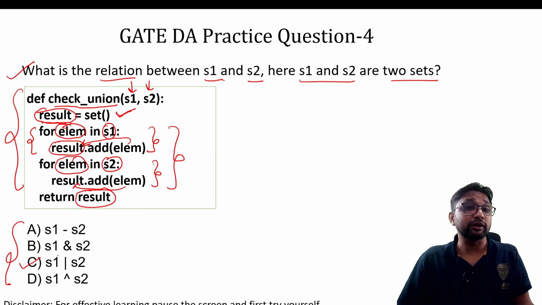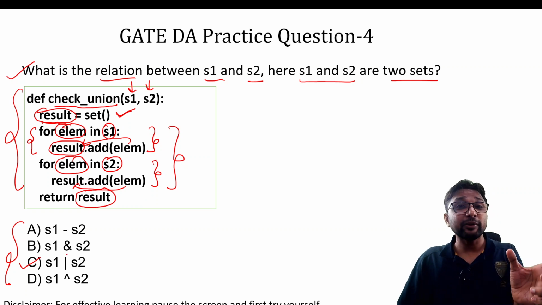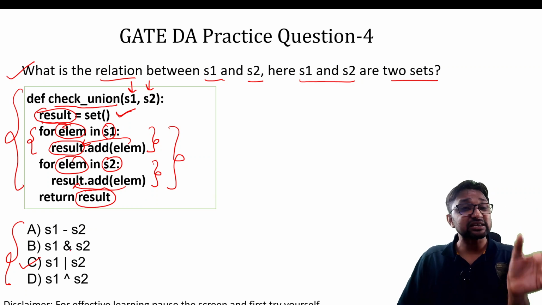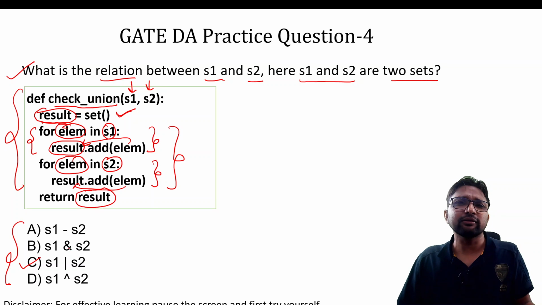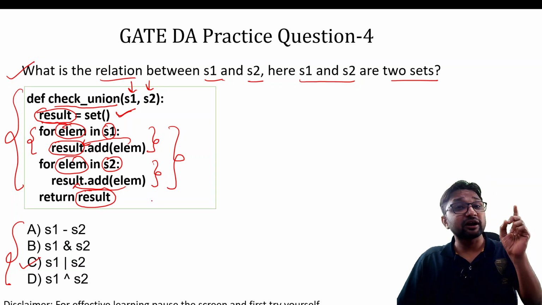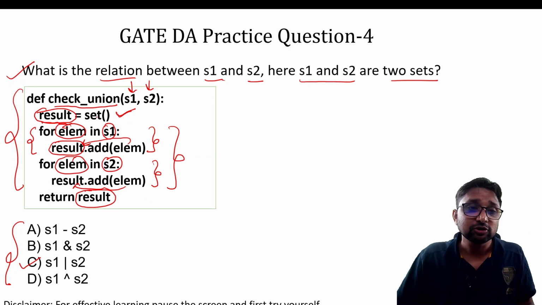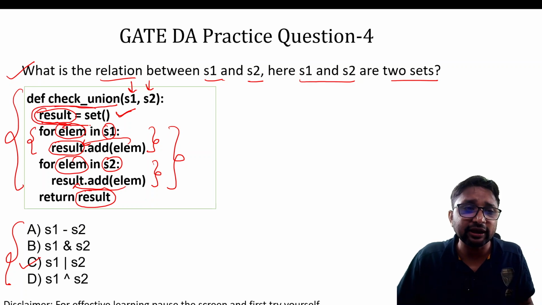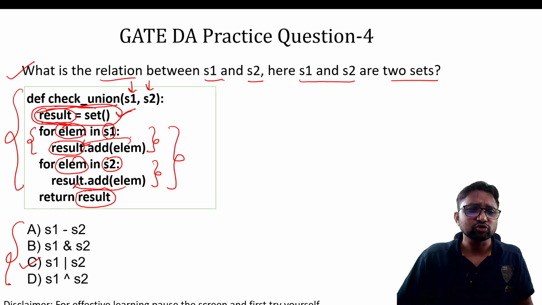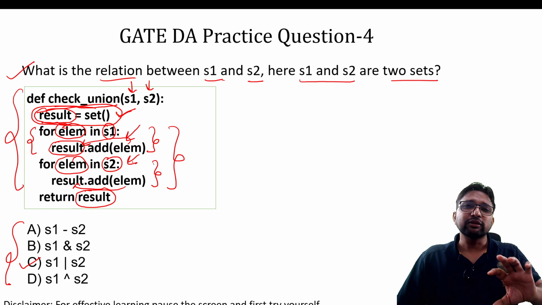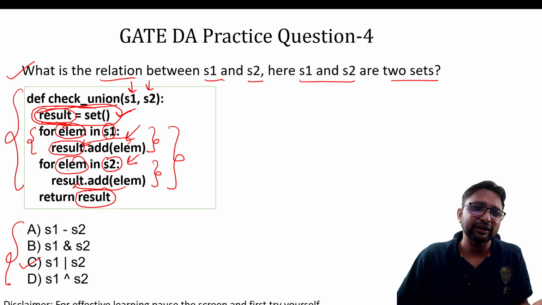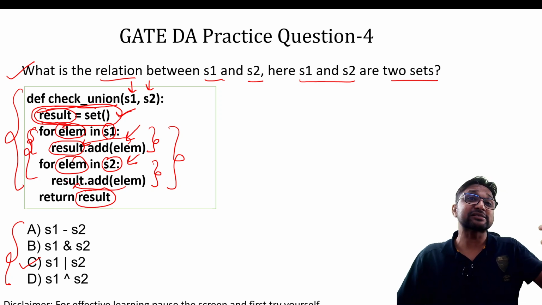Notice one point over here is that duplicate elements, repeated elements between S1 and S2, will automatically get removed. Why? A duplicate element will be considered one time in the set. So when we are storing the duplicate elements in this result set, whatever duplicate elements are common in S1 and S2 will be considered one time, because we are ultimately storing all the elements of set 1 and set 2 into a set itself.